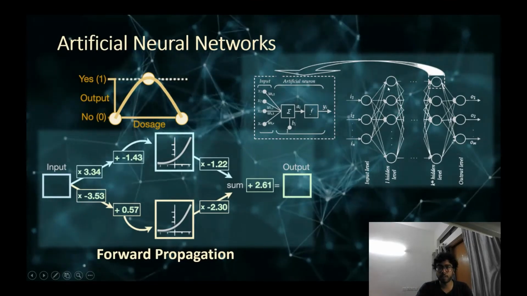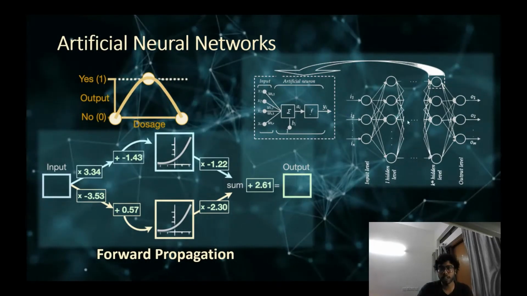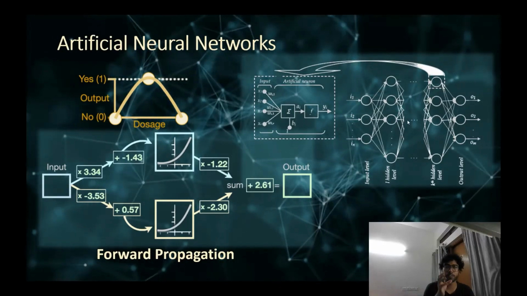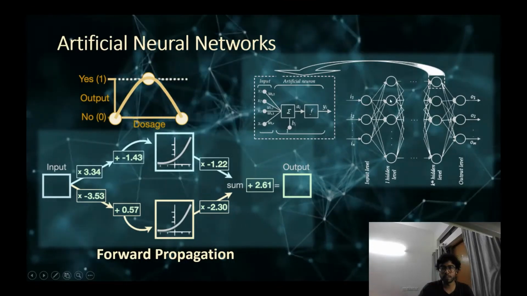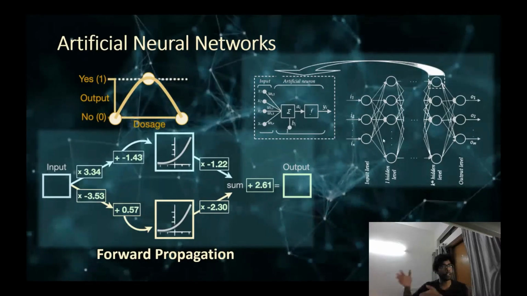In all these circles is a connected perceptron. You can have layers of many of these artificial neurons, take multiple neurons and make a layer out of them, and you can have multiple layers as well.